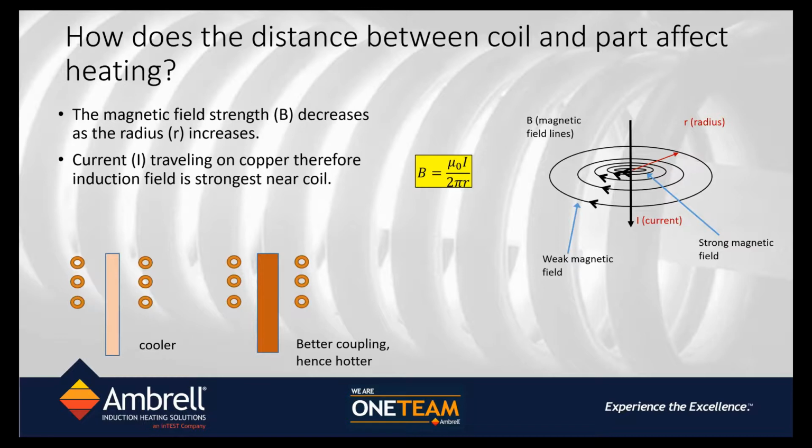So the tighter the part is to the coil, the better the heating is. Because the copper of the coil produces this magnetic field, and the magnetic field reduces in intensity as you move away from the copper tube. So that's why if the coil can be wound really tight to the part, then the efficiency of the heating is much higher.